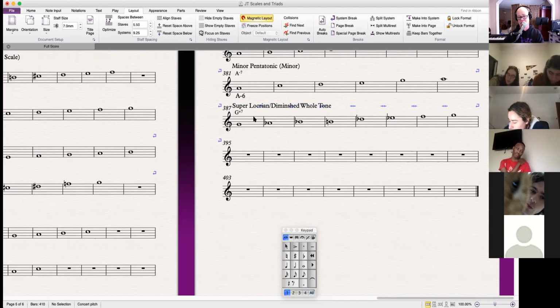The augmented 7 chord most frequently is used in, is it C major or C minor? You remember? Anybody? The augmented dominant chord is most often used in a minor context because G is the dominant of C. C minor has an E flat in it.